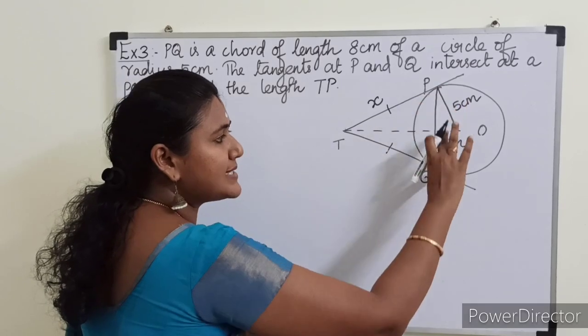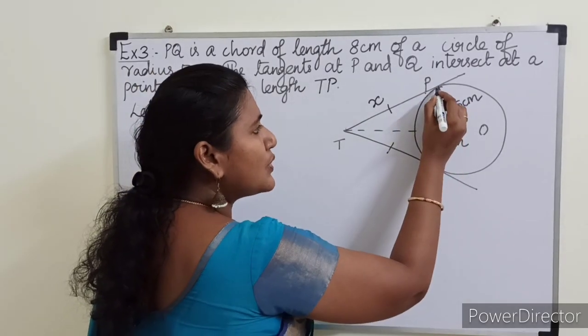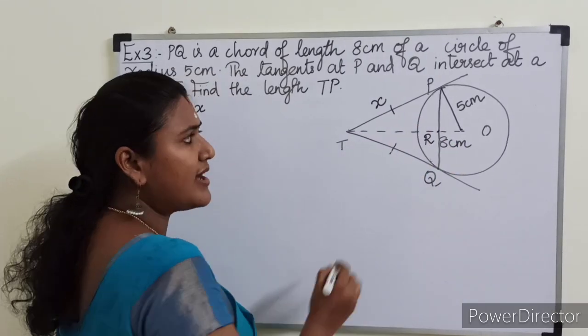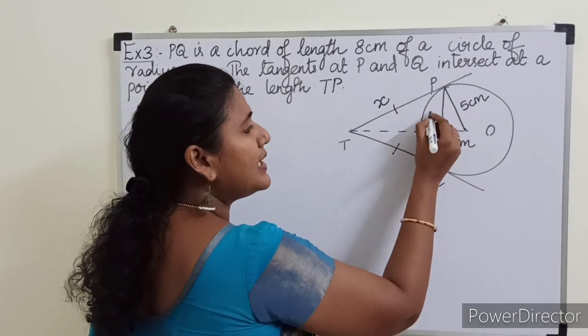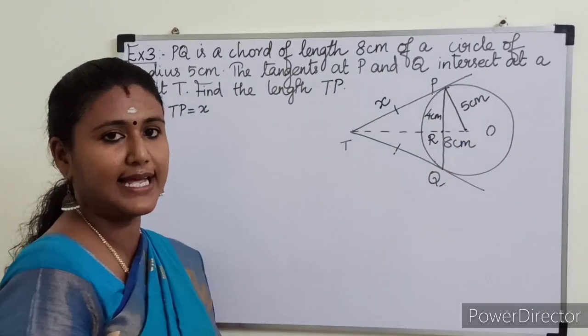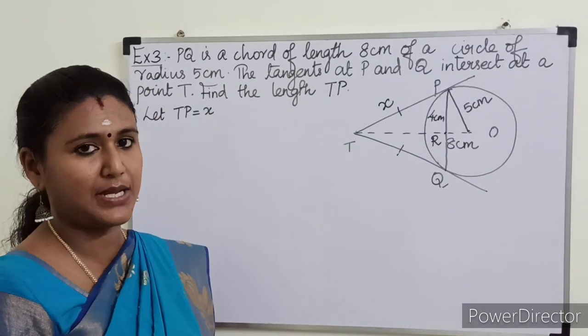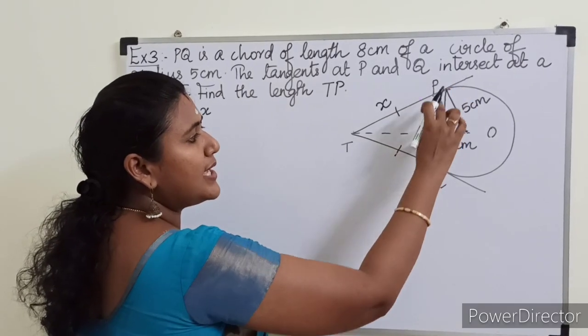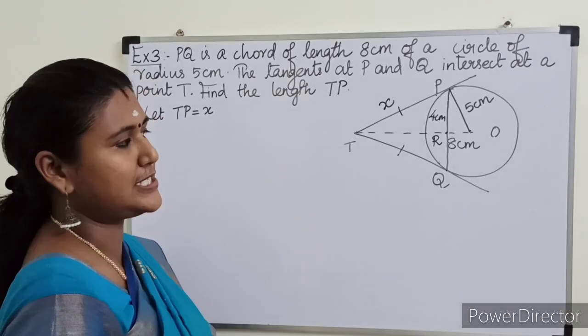If you take this point as R, then the length of PR will be 4 cm, because the chord length is given as 8 cm.